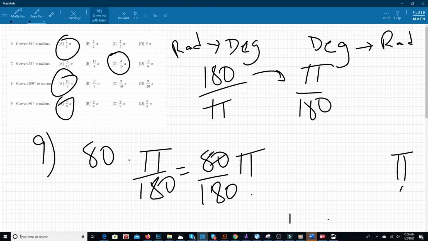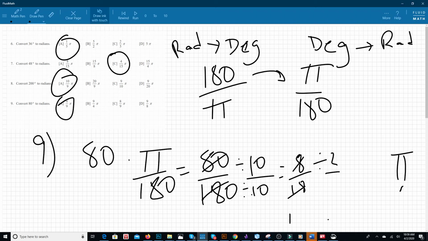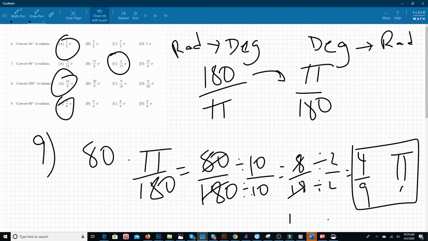And then I can cross this out and cross this out, by dividing them both by 10. It's equal to 8 over 18, right? Then cross that out, divide by 2, because 2 can go into both of these. Which will leave me with 4 over 9. There she is.